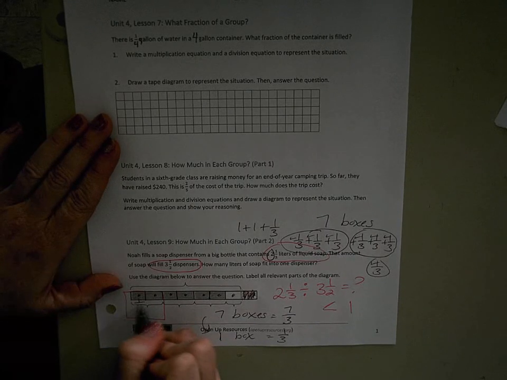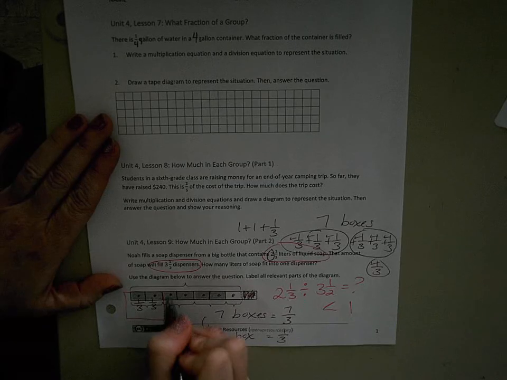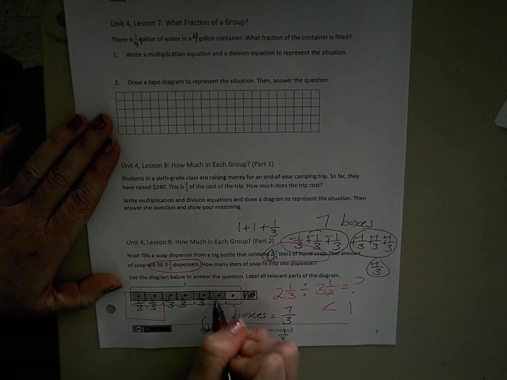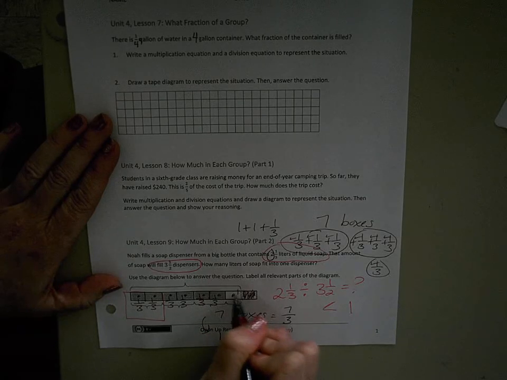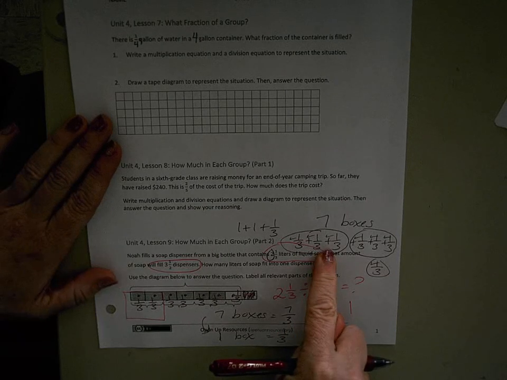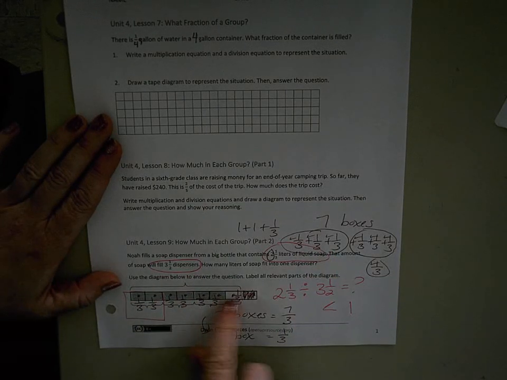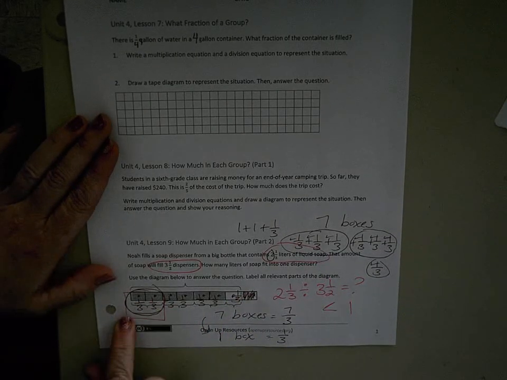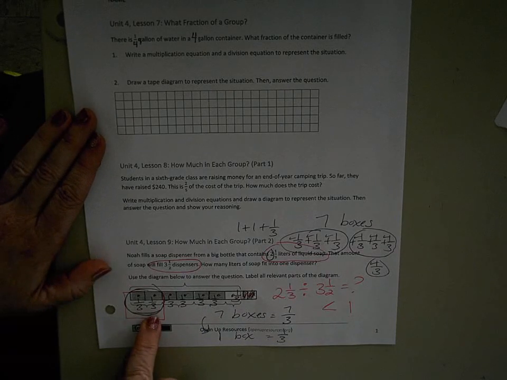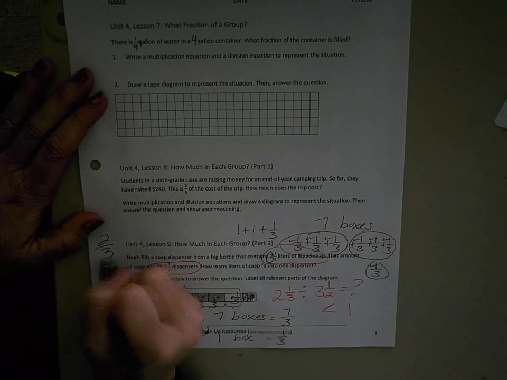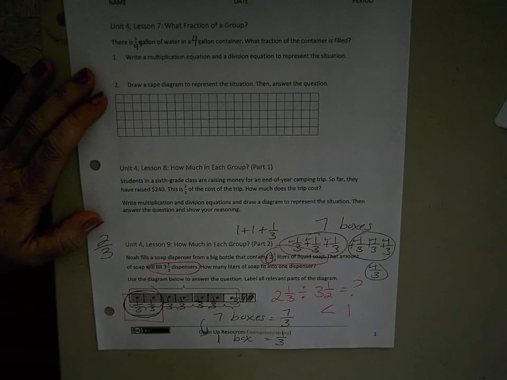So I have 1/3, 2 thirds, 3 thirds, 4 thirds, 5 thirds, 6 thirds, 7 thirds. That's my 2 1/3 that I've poured into my 3 1/2 dispensers. So how much is in one dispenser? 1/3 plus 1/3. Hey, that's 2/3 liters.